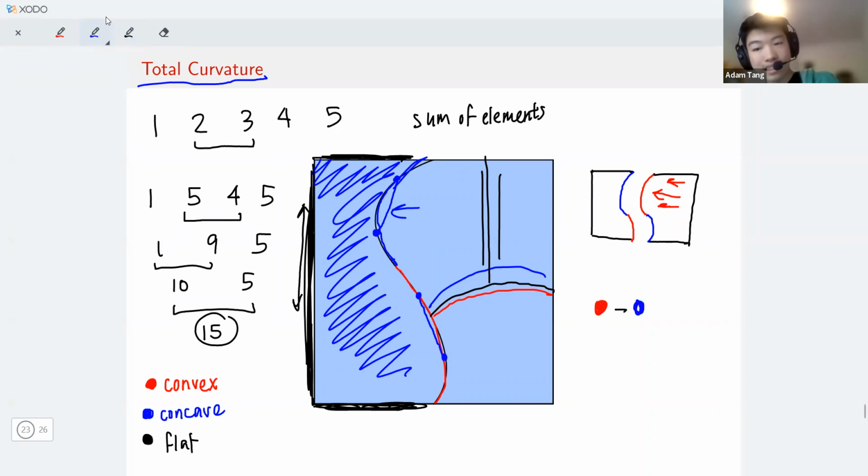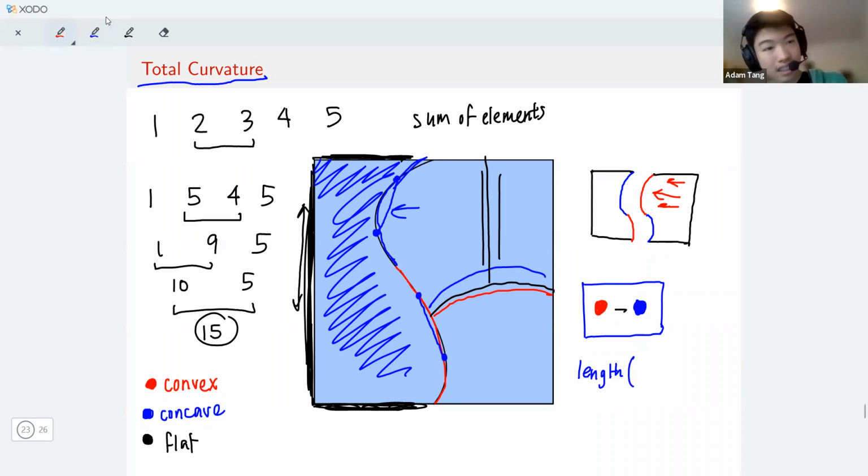And this is nice because every cut we make, this value is 0. Along every cut, the amount of red is the same as the amount of blue. We'll say length. This isn't very rigorously defined in other more complex cases, but for our purposes, length just means the total arc length of the blue and the red.